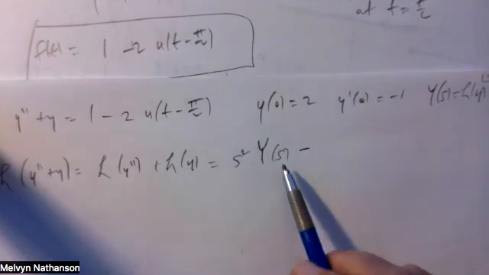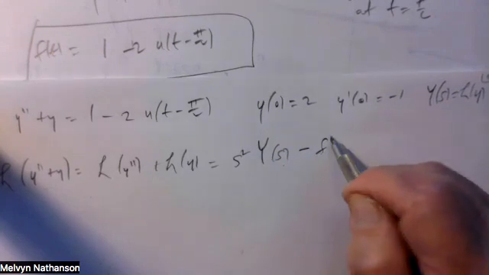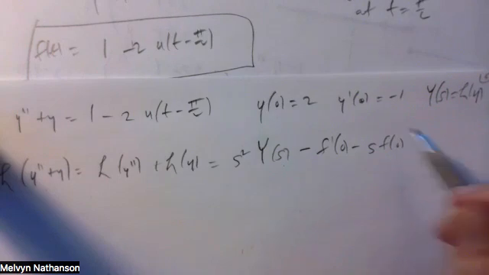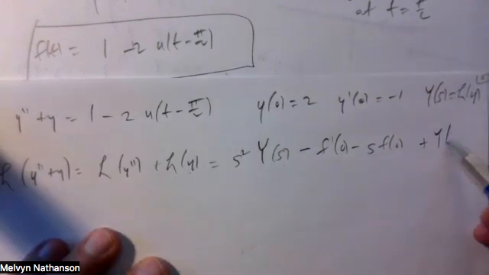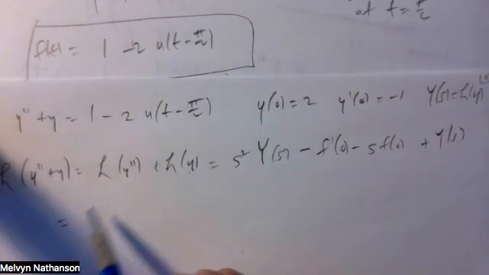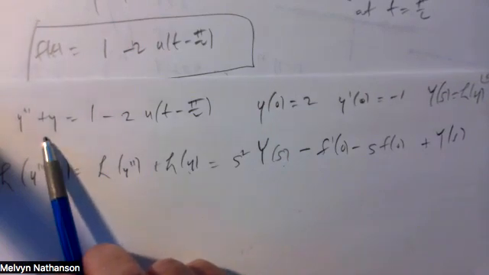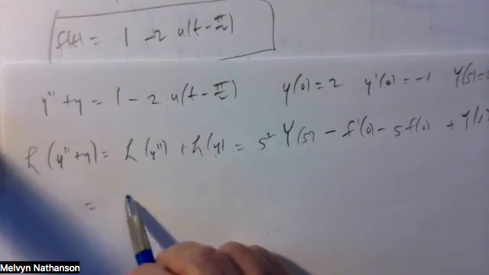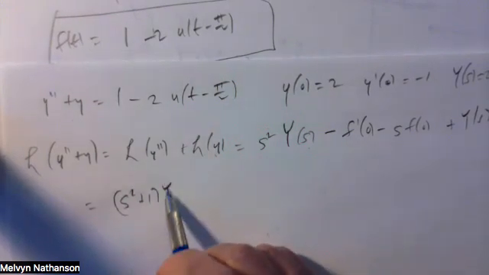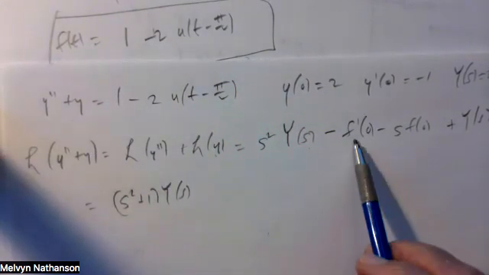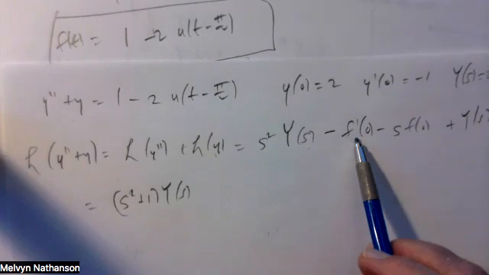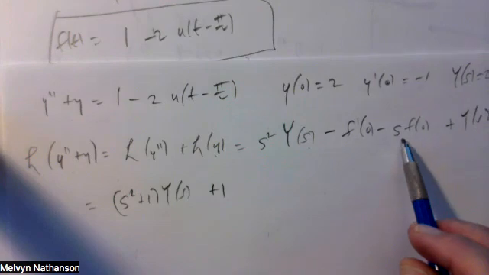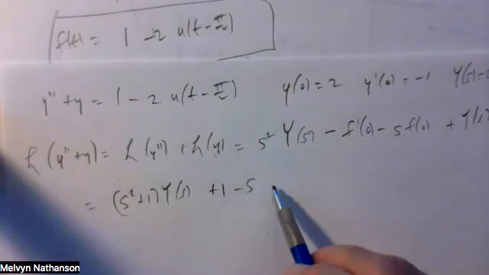So that's s squared Y of s minus y prime of 0 minus s y of 0 plus Y of s. So again, this left-hand side is exactly the equation we looked at the very beginning. So we get s squared plus 1 times Y of s minus y prime of 0, which is minus 1, so plus 1, minus s times 2.